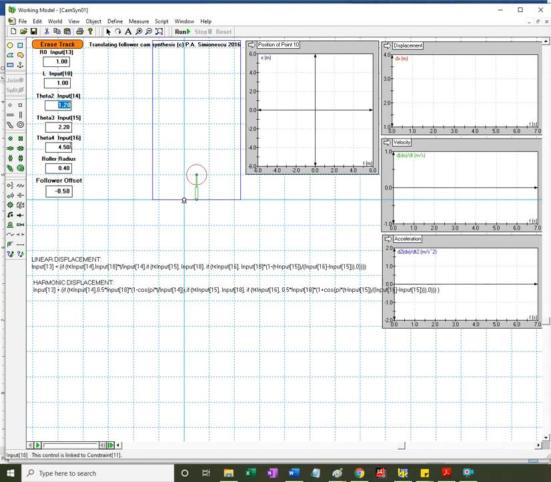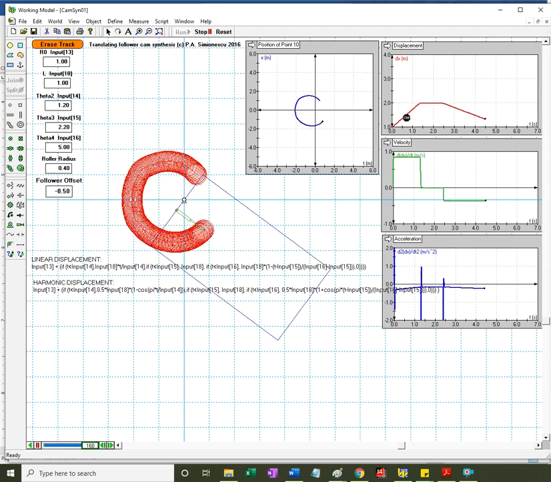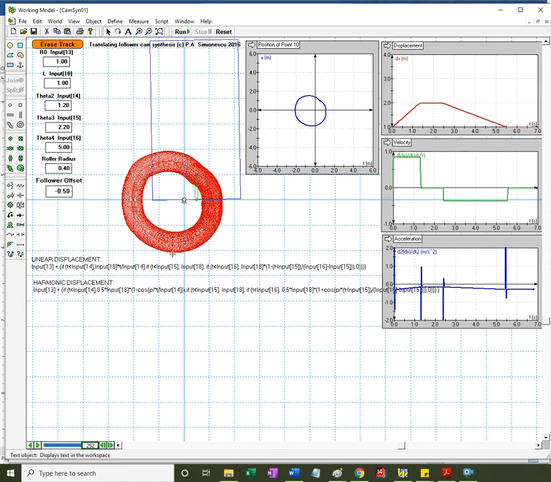This stays as is, and I can expand this to, let's say, 5 radians. Okay, and I hit run. So it'll be a faster rise and a prolonged return. The cam profile changed.